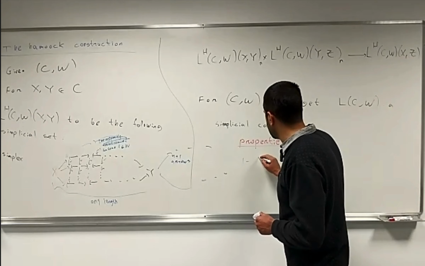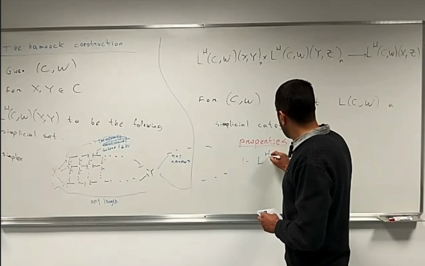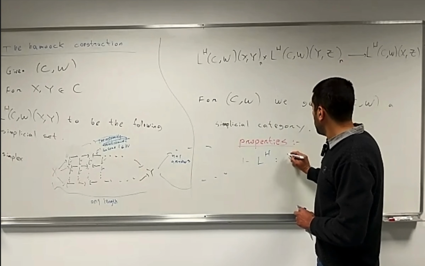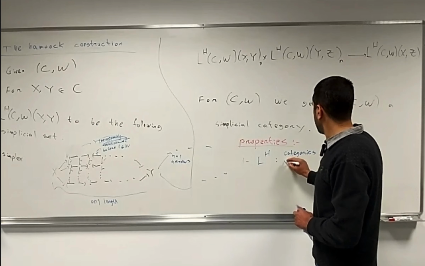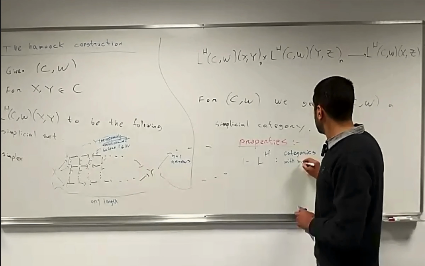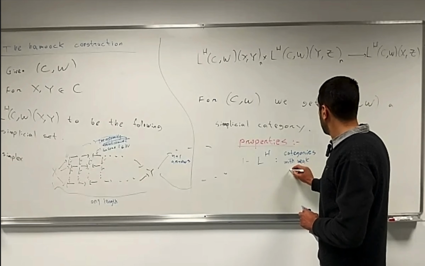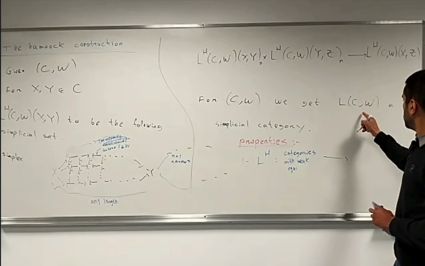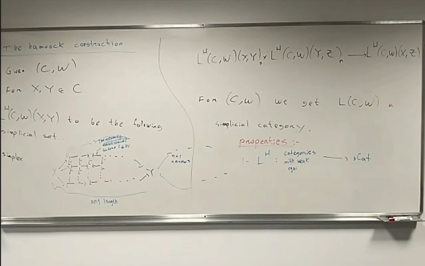It's not hard to check that this is like LH. Actually, it's a functor from the category of categories with weak equivalences to simplicial categories. Okay, this is a functorial construction.